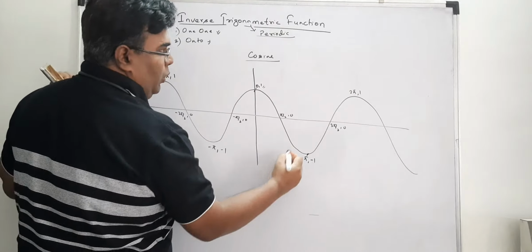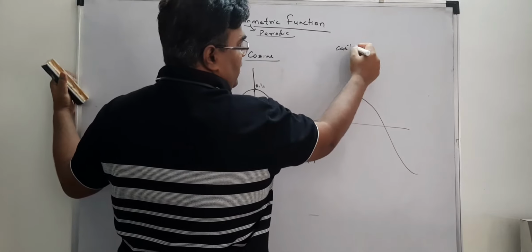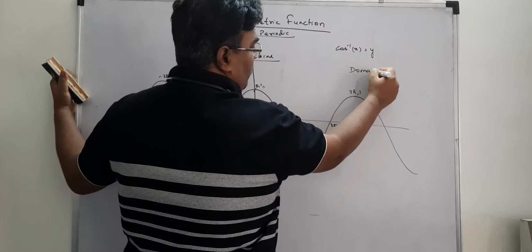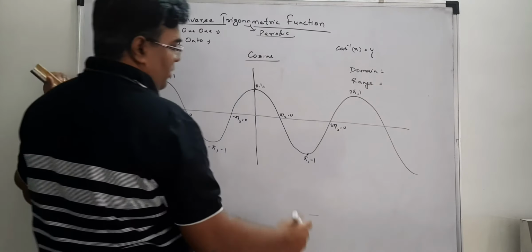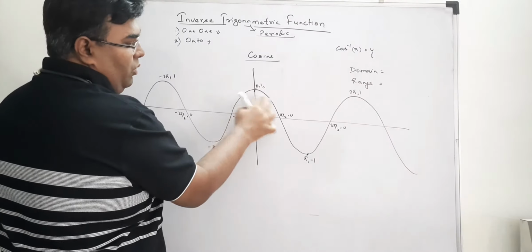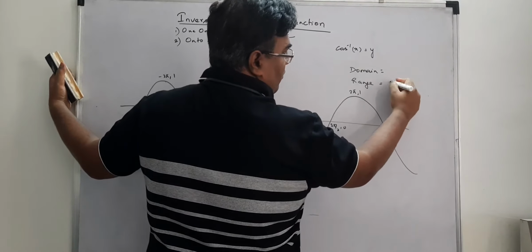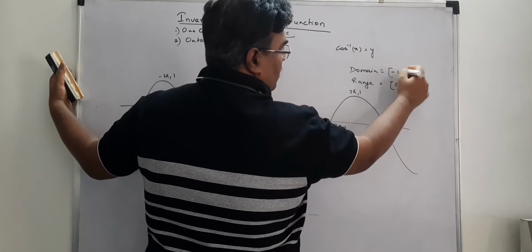So here the domain will be what? Function is cos inverse x is equal to y. My range will be angle from 0 to pi, closed interval, and domain will be what?